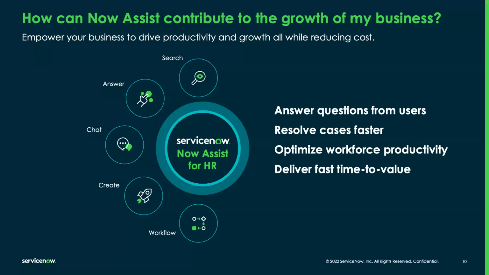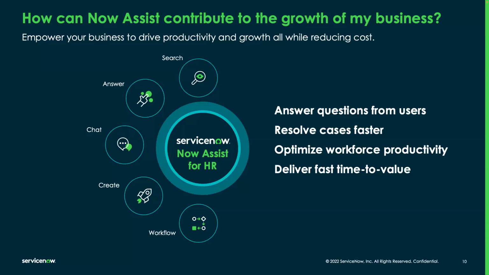Decreasing human error. Sometimes we mistype, we misunderstand. So we're trying to decrease the probability of human error, and then delivering time to value faster. So creating the skills, utilizing the skills, utilizing Now Assist allows us to automate, allows us to facilitate efficiency, and ultimately is delivering faster time to value.